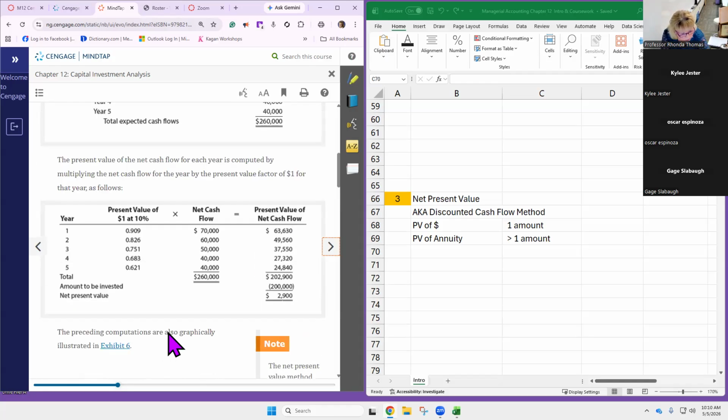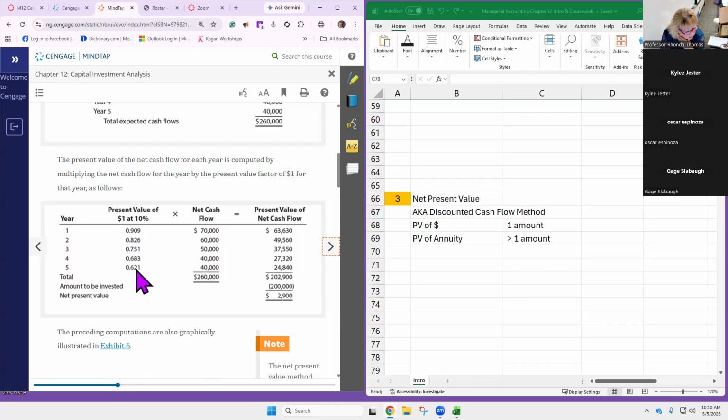If we were to use a table, we would take year 1 times the factor of year 1 at 10%. These are called present value factors. You'd put the factors in and then you do the math. So $70,000 cash flow for the first year. The present value of that is basically 90.9% of it.